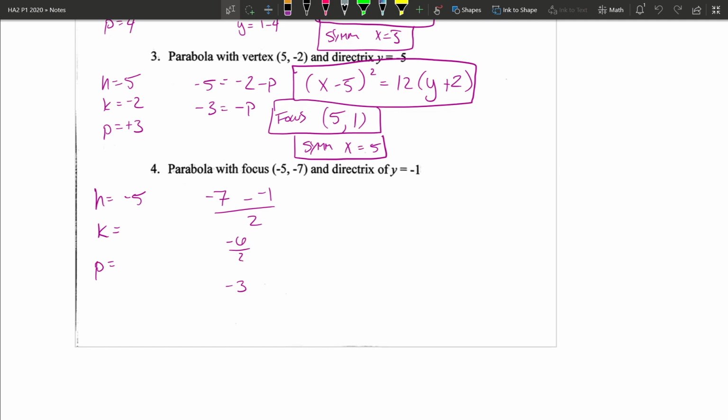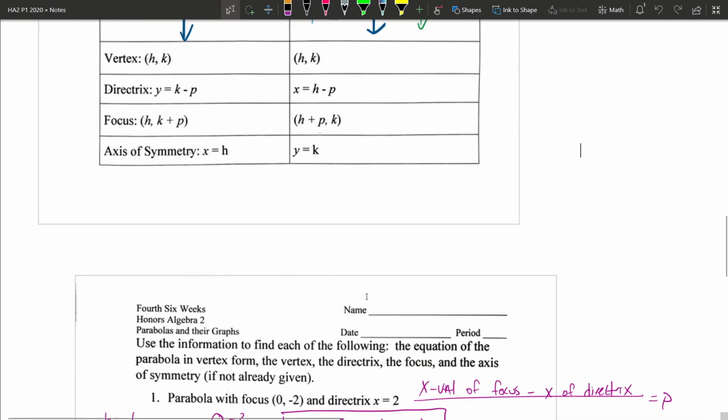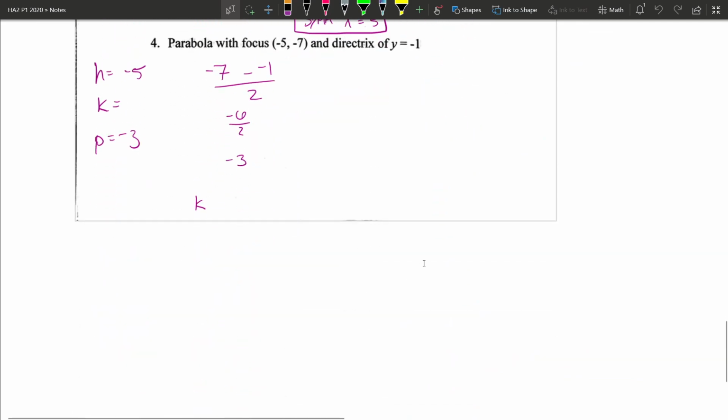So that's our p. And we've got to figure out our k now. So we know that k plus p is going to be our value, which was negative 7.